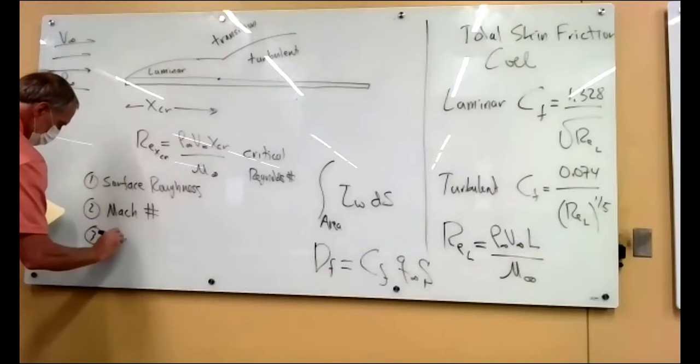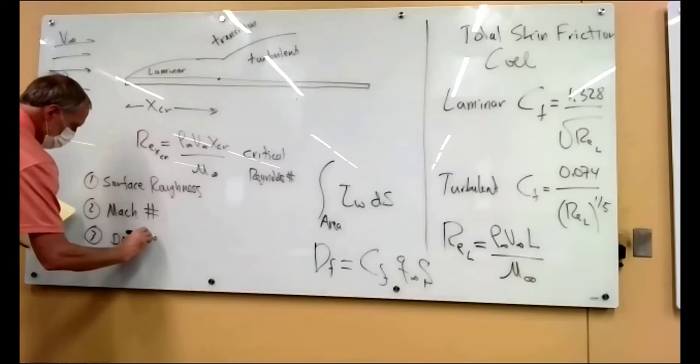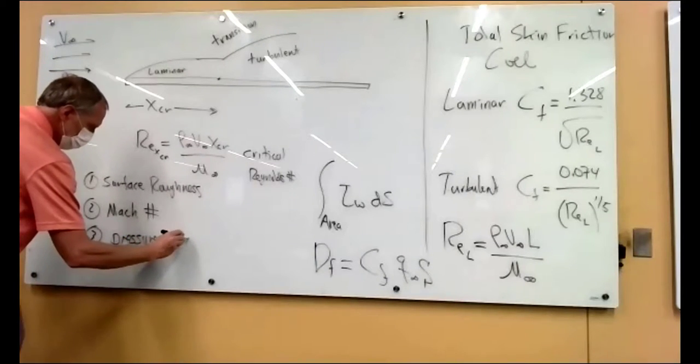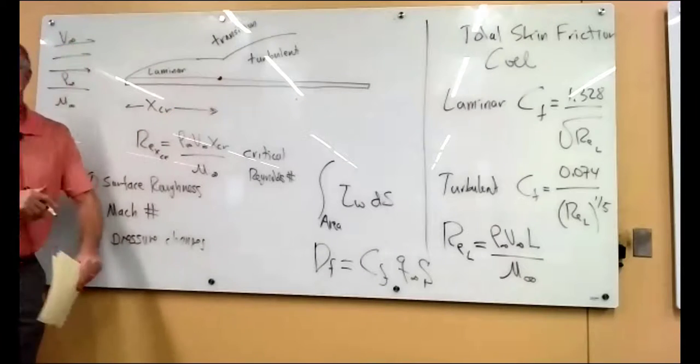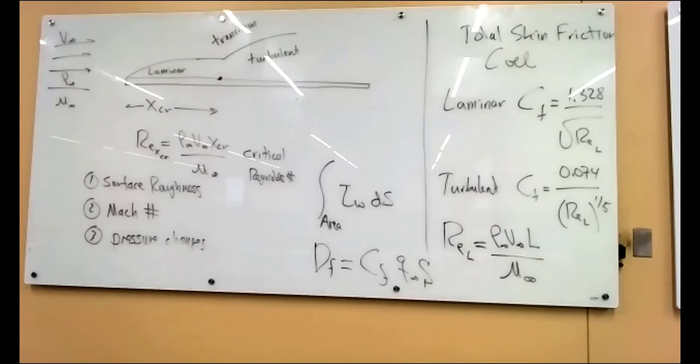And any pressure changes. How is the pressure changing? Now on a flat plate, you get a uniform pressure, but on airfoils, which we're going to talk about in a minute, the pressure is changing as the flow goes over the airfoil. So on an aircraft wing, you will find a point on top of it where the boundary layer changes from laminar to turbulent.